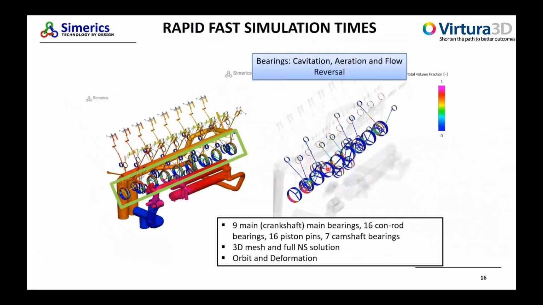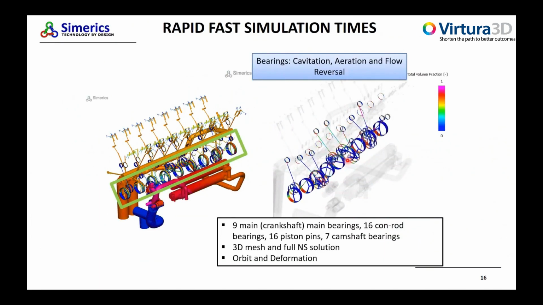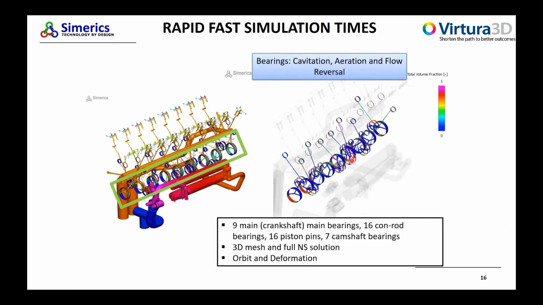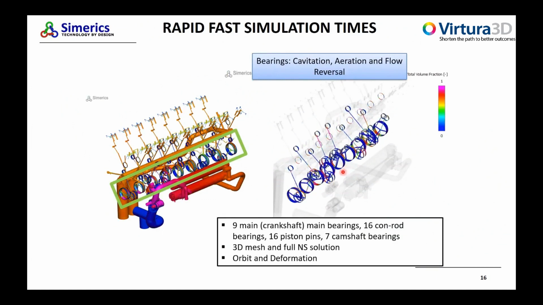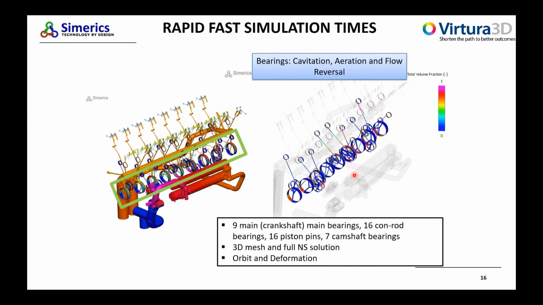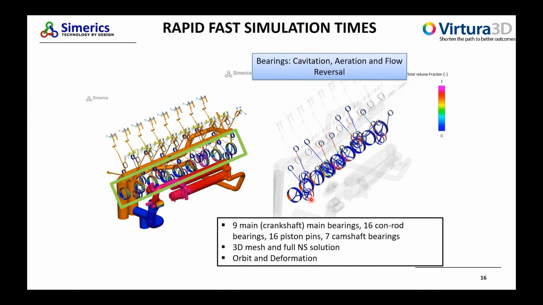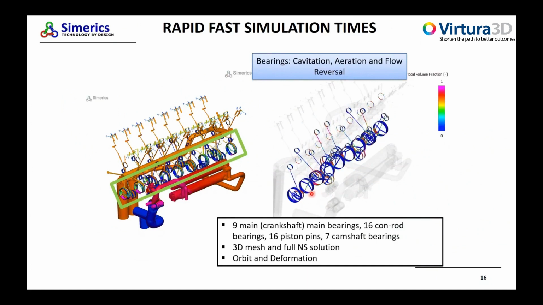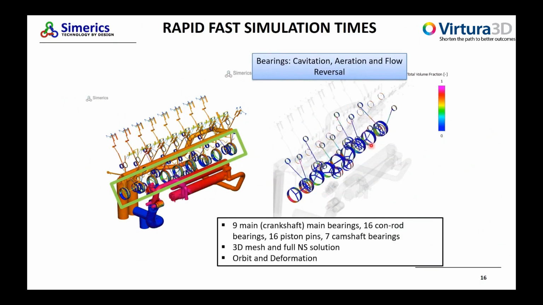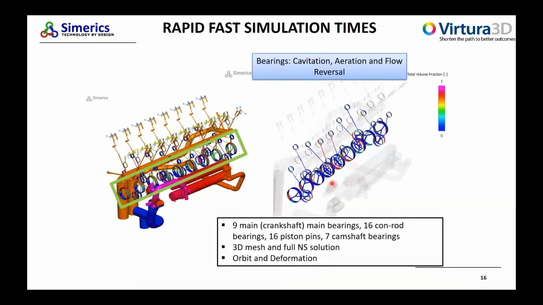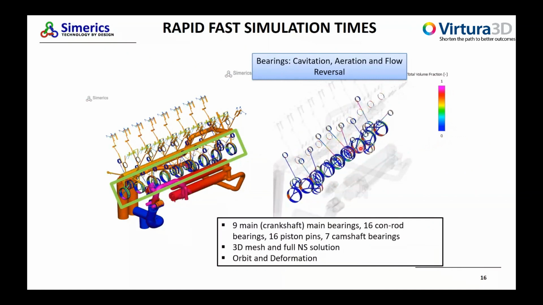So in terms of simulation runtimes, you can see that we are modeling here a 16-cylinder Caterpillar engine, and we have multiple bearings which have very thin clearances. We have the journal bearings, the connecting rod bearings, the piston pin bearings, and the cross drills. And you're looking at the cavitation bubbles and the aeration that is happening inside the system. So the magenta is vapor or gas that gets formed, and the blue is the liquid.